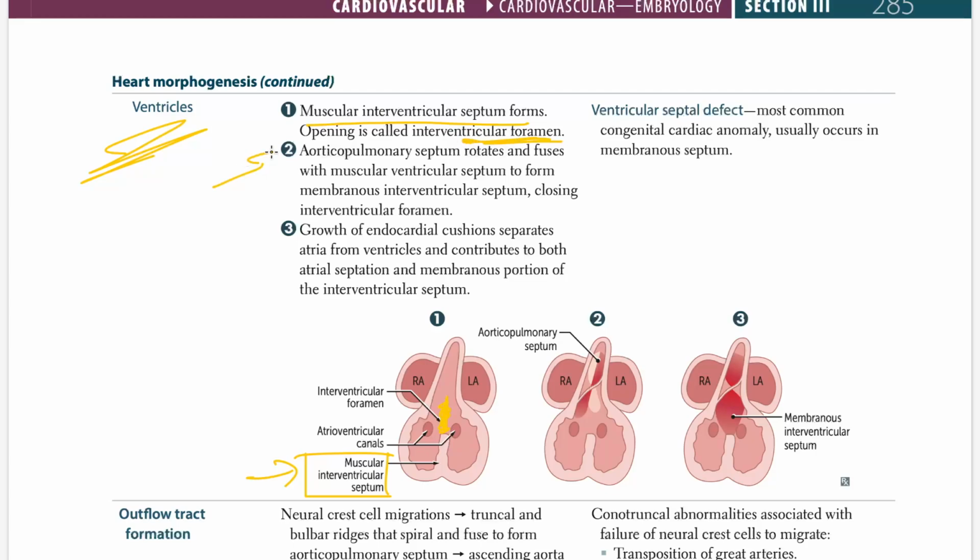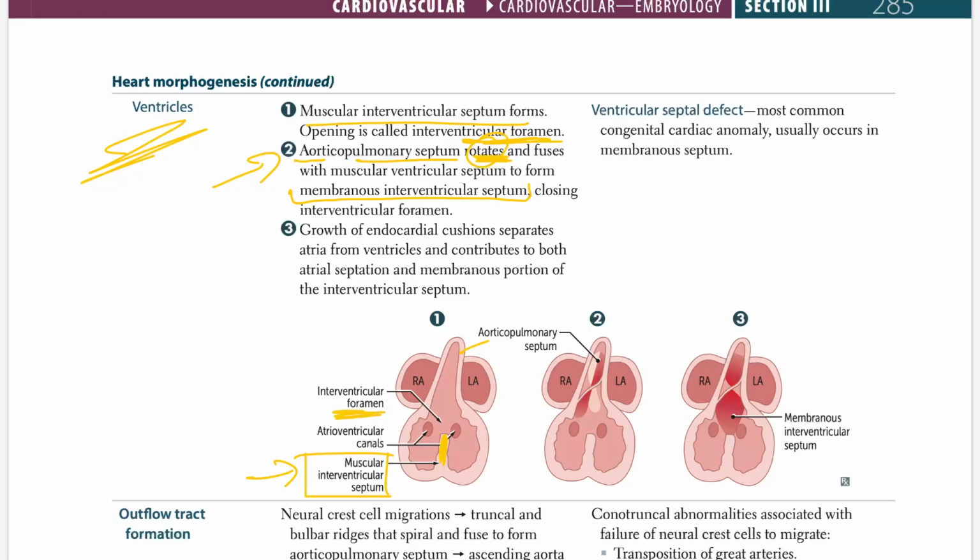Now let's look at the second point. Second says our aorticopulmonary septum rotates and fuses with the muscular ventricular septum to form the membranous interventricular septum, closing the interventricular foramen. So this is our aorticopulmonary septum, as it's stated right here, right? This aorticopulmonary septum would rotate and fuse with this muscular one, and it would eventually close up this interventricular foramen.